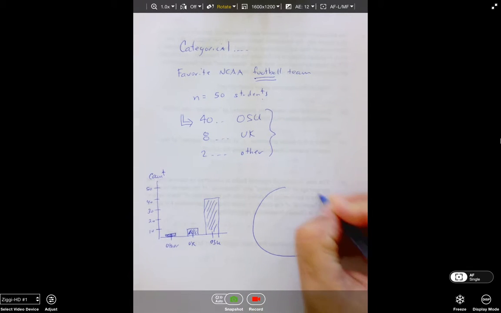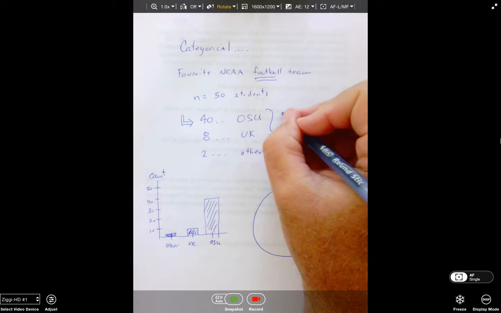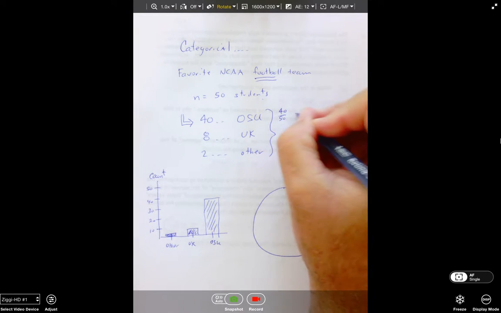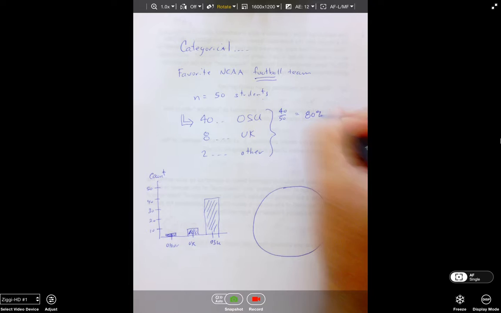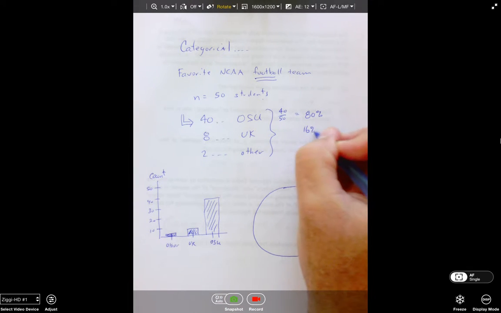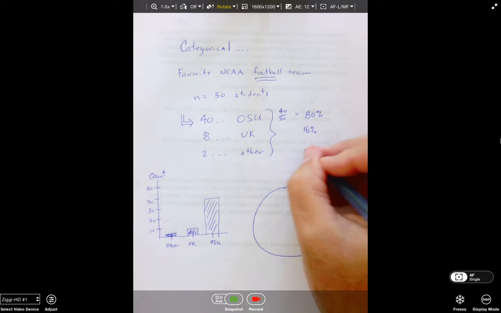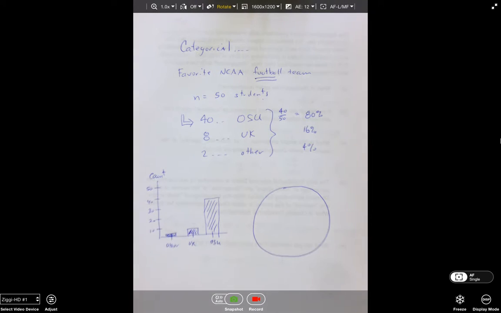Corresponding with this, we can make a circle graph. So guys, to do that, we need percentages. So 40 out of 50 is 80%. 8 out of 50 is 16%. And 2 out of 50 is 4%. So gang, I can draw those light lines and divide my circle into 25% sections.